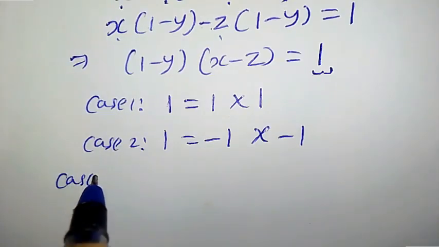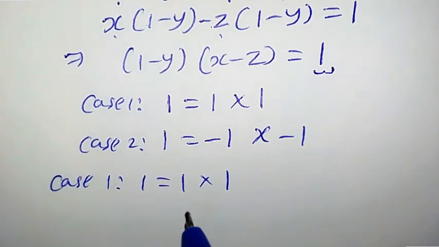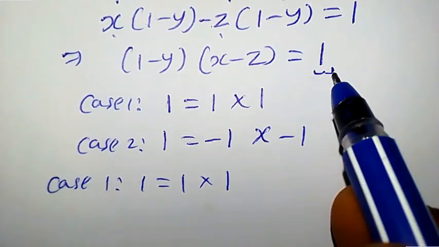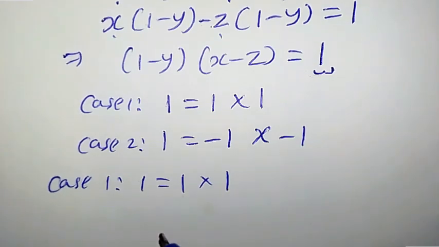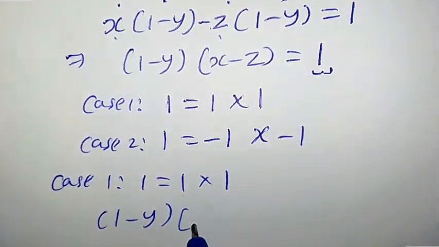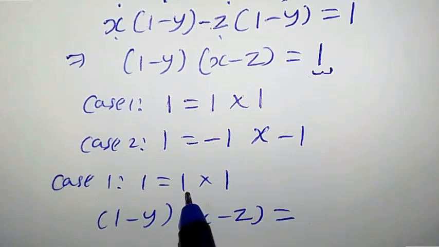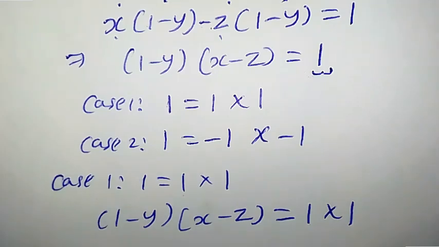For case 1, we have 1 equal to 1 times 1. That means we just have to replace this 1 with 1 times 1. So we have 1 minus y times x minus z equal to 1 times 1.